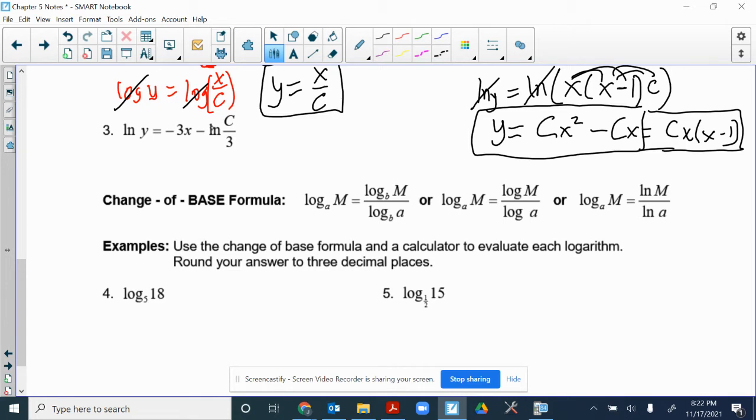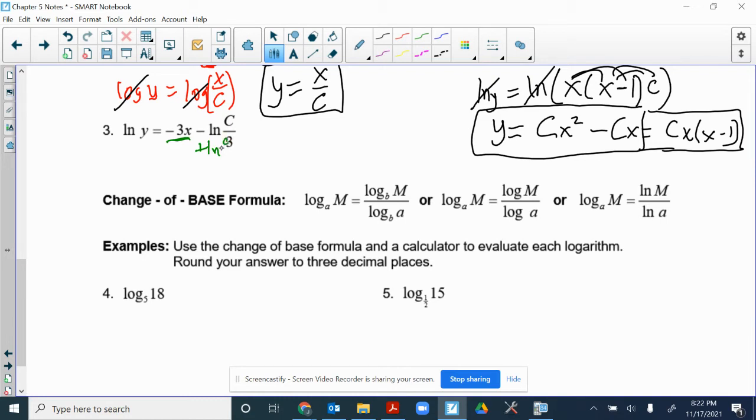And so I guess I should point out here, this one, we have something that doesn't have a log. So again, there's a few different ways of going about this, but the way I'm going to show you is let's get the 2 logs, or however many logs we would have, let's get all the logs to one side. We'll leave this guy alone for right now.